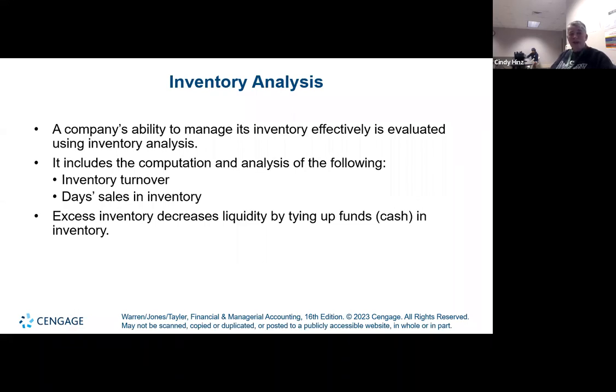And so one way of evaluating that is the computation of inventory turnover and then the related measure, days sales in inventory. Again, we covered both of those in chapter 6, but we're bringing it back in chapter 14 because it's all important to the overall analysis of our company.